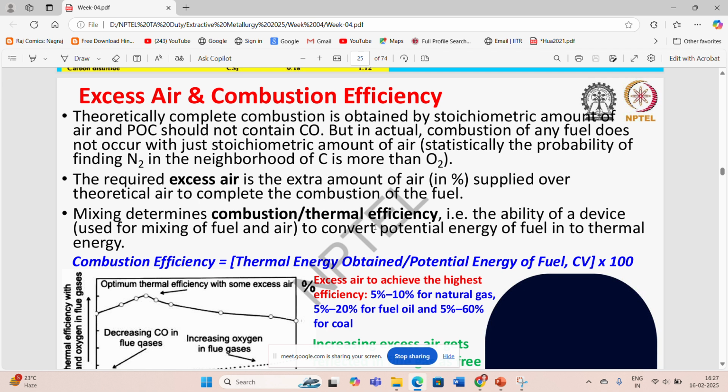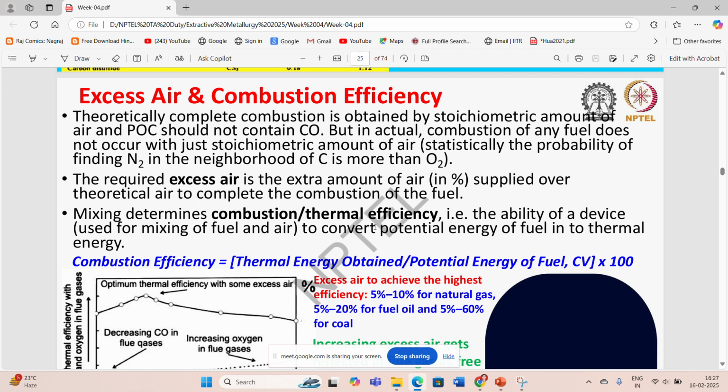So we have already talked about how we require at least the stoichiometric amount of air for the complete combustion of the process. However, in practical processes, it is not possible to completely combust any fuel with the stoichiometric amount of air. So we always provide some excess air for the complete combustion.